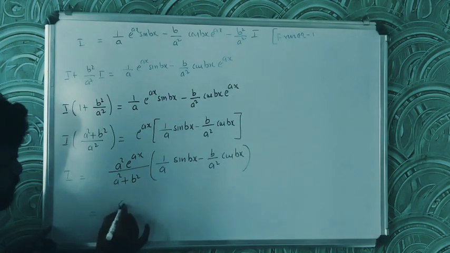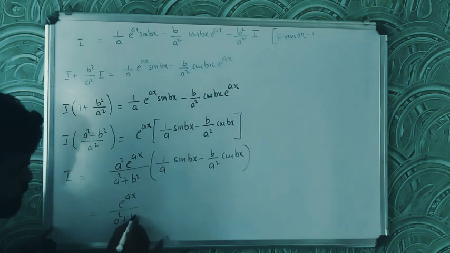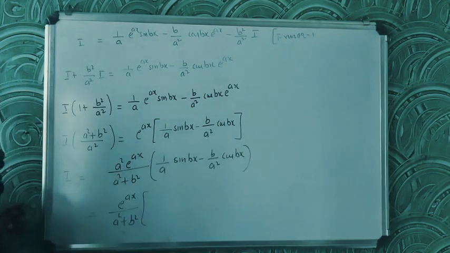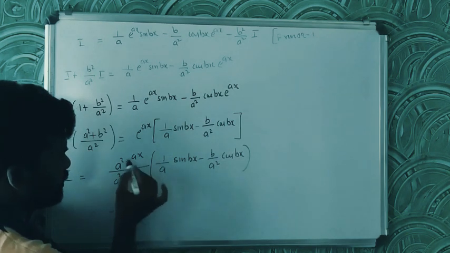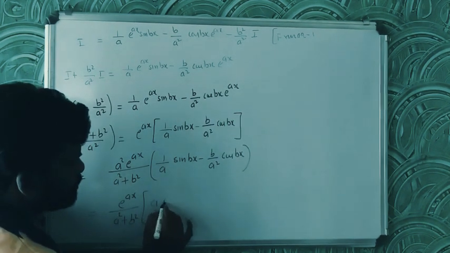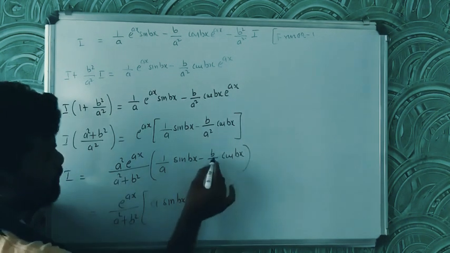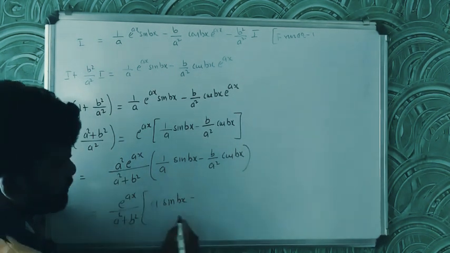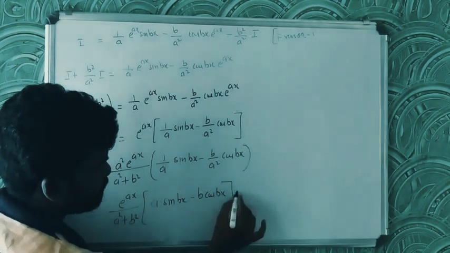So e power of ax by a square plus b square, the a square term multiplies both functions. a square by a gives a, sin bx; a square cancels with a square, giving minus b cos bx, plus c.